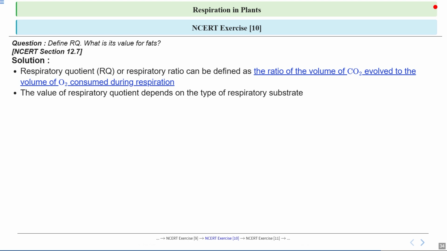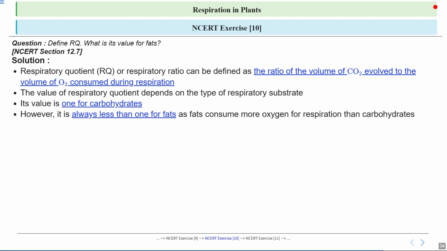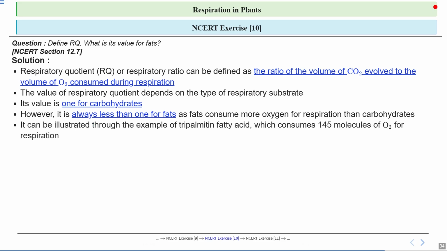Now, the value of respiratory quotient depends upon the type of respiratory substrate. For example, the respiratory quotient value is 1 for carbohydrates. However, it is always less than 1 for fats. Why? Because fats consume more oxygen for respiration as compared to carbohydrates. It can be illustrated through the example of tripalmitic fatty acid, which consumes 145 molecules of oxygen for respiration, whereas 102 molecules of carbon dioxide are evolved.